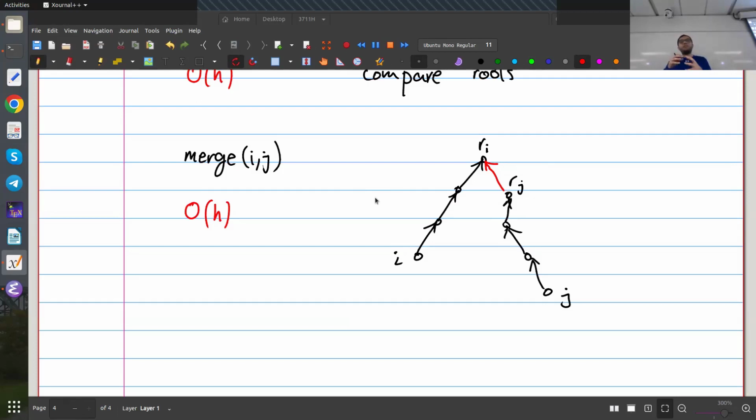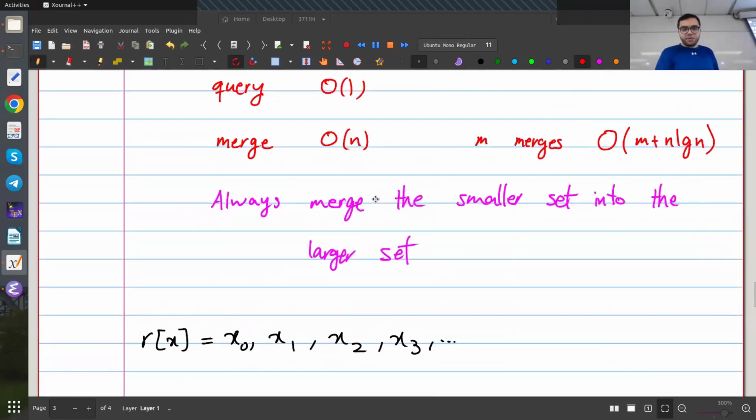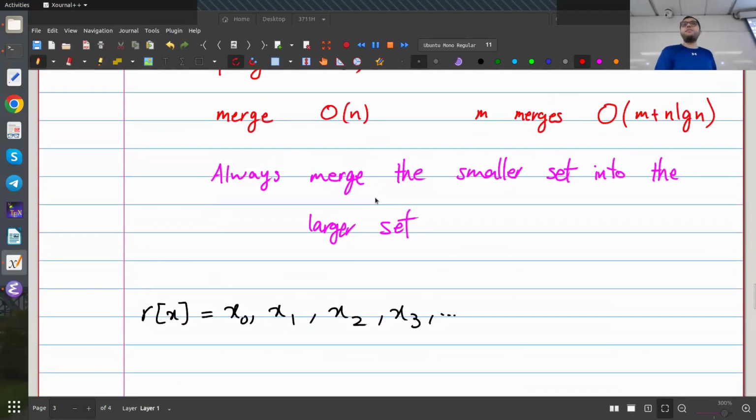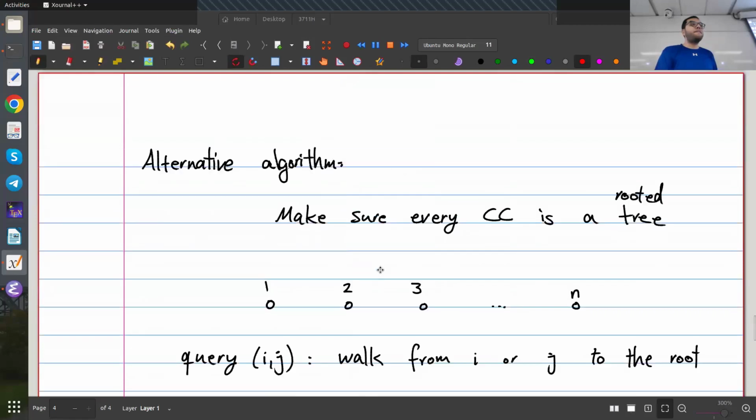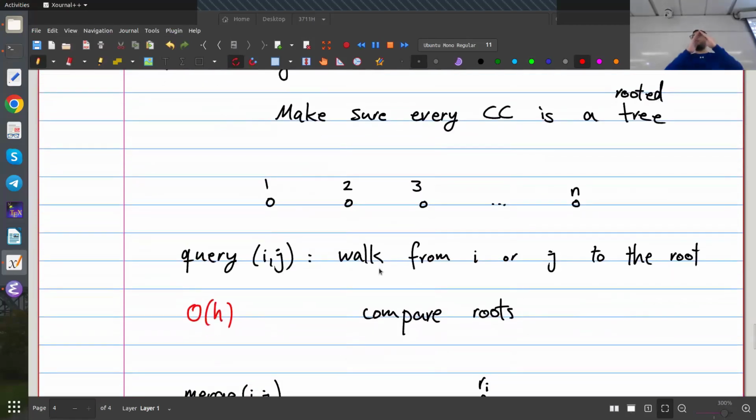And I always merge the smaller tree into the larger tree, right? And if I do that, then I have an argument just like before that says that the height of my tree is at most log n. Because every time that I'm increasing the height of my tree, I'm doubling the size at least.